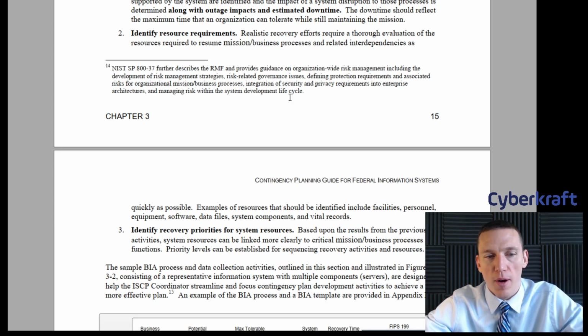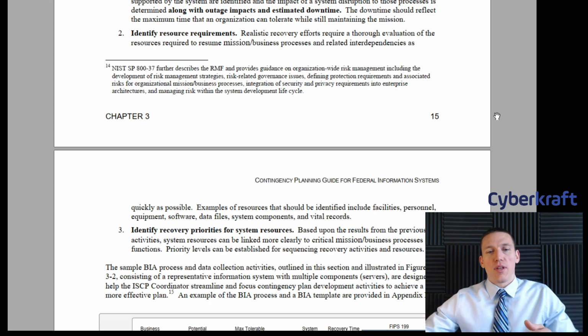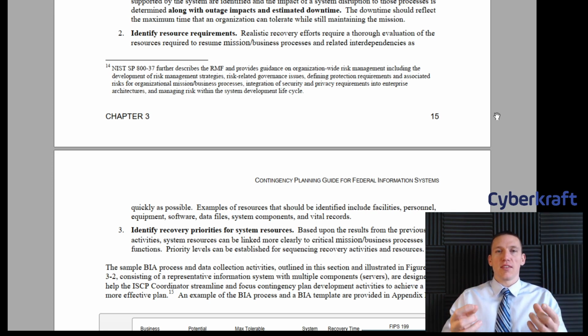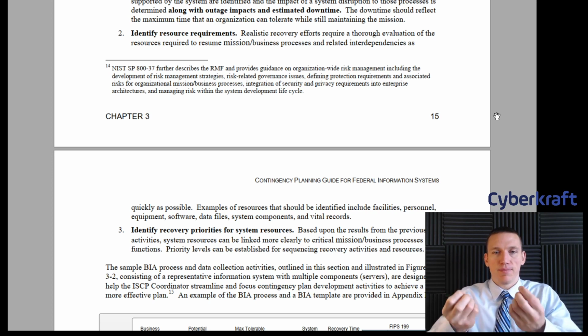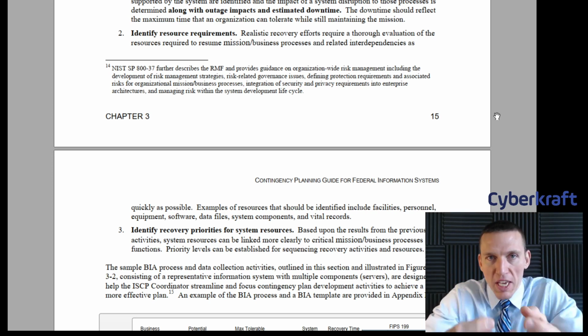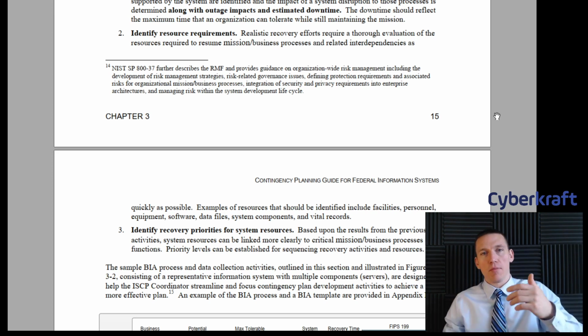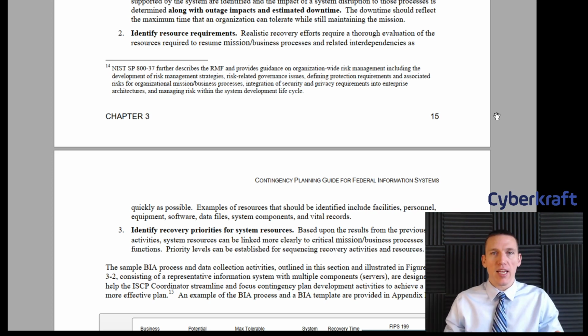Identify resource requirements. So these are resources, these are things that you need to keep the park in operation. Okay. So when it comes to a theme park, you're going to need probably the personnel, the ride testers. Those are critical personnel. Okay, the people who can keep the attractions running, the people who can certify the safety of those rides and verify that on a daily basis.